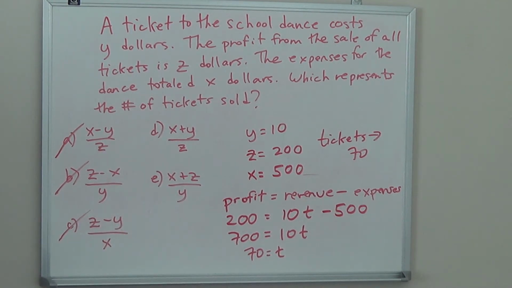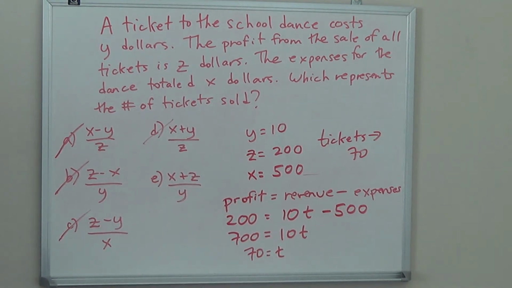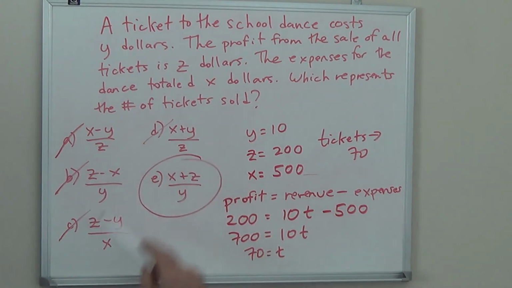Of course, it's probably at the end, but let's see. X plus Y, so 500 plus 10 is 510, divided by Z, which is 200. That is not 70. It better be the last one, or we've got some problems here. Let's see. X is 500, Z is 200, that's 700 divided by 10, bingo. That's 70. So it's that one.